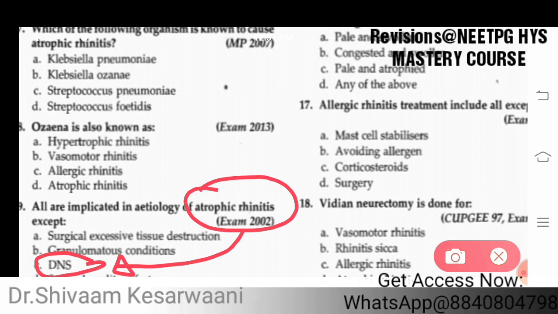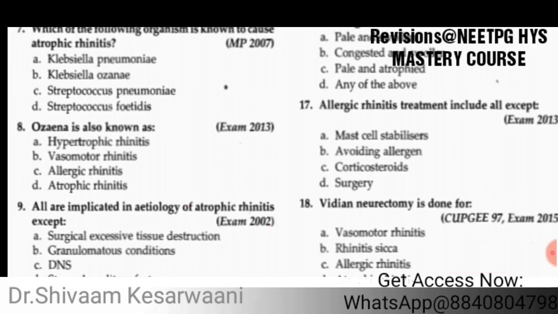And what we were doing in Young's operation is only decreasing the nasal cavity size. So if the patient already has a DNS, he will have a naturally smaller nasal cavity due to hypertrophy of the turbinate in that person due to DNS. So I think you got the answer, that DNS is not the etiological factor.